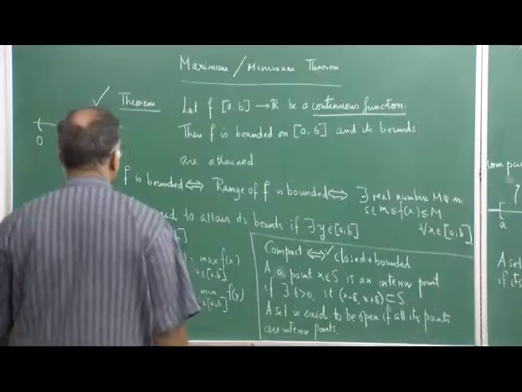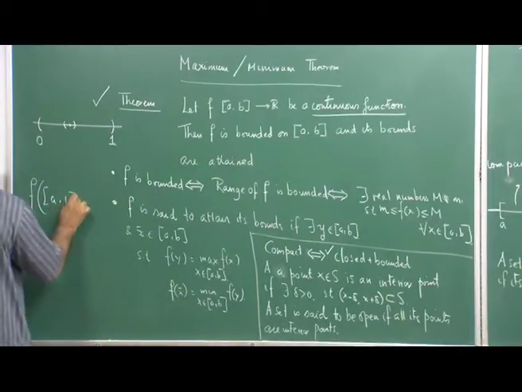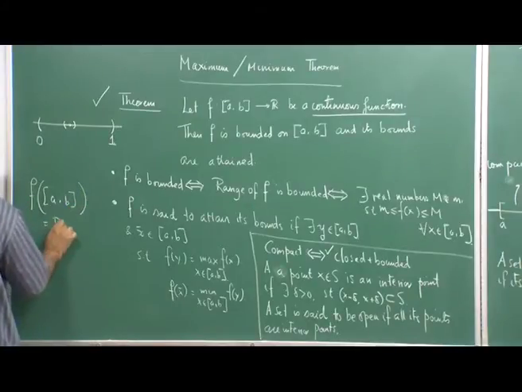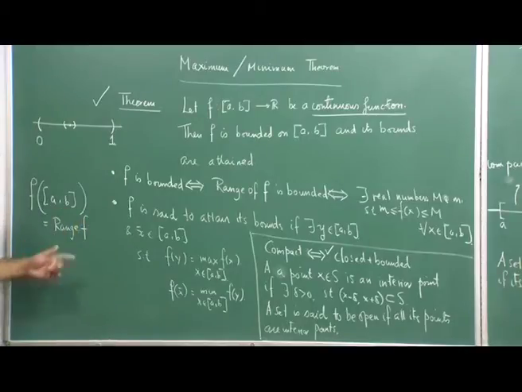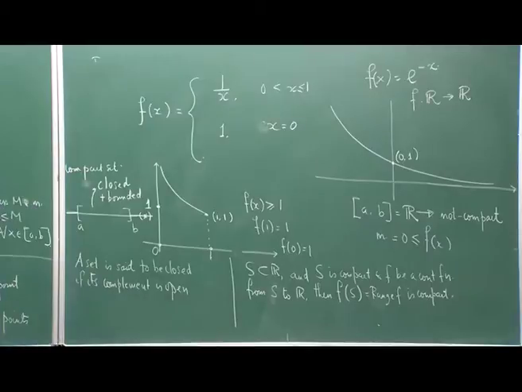So, here you can immediately see, since f is continuous, the image f of [a, b] actually is the range of f. So, range of f is compact because the closed interval, as we have seen, is compact.